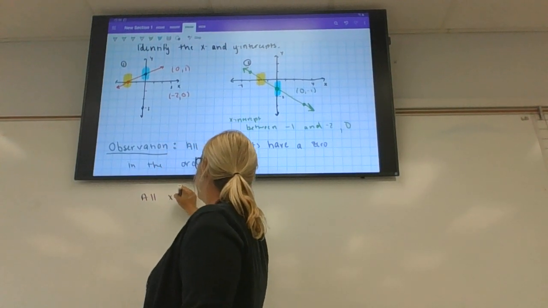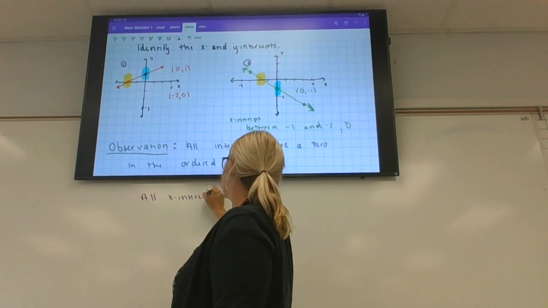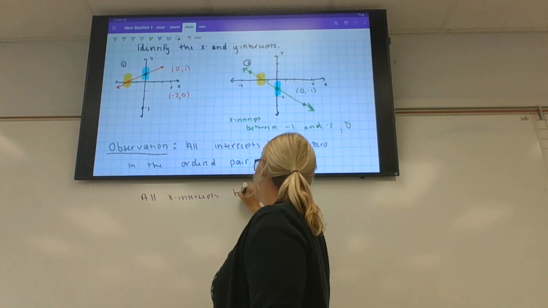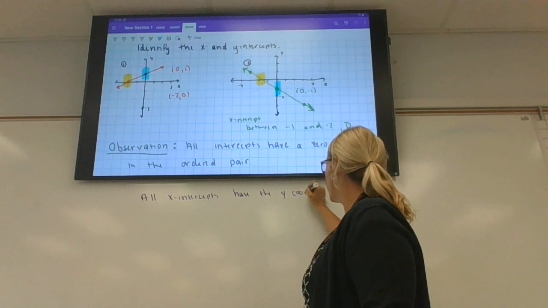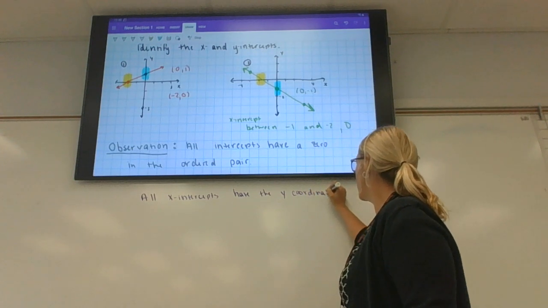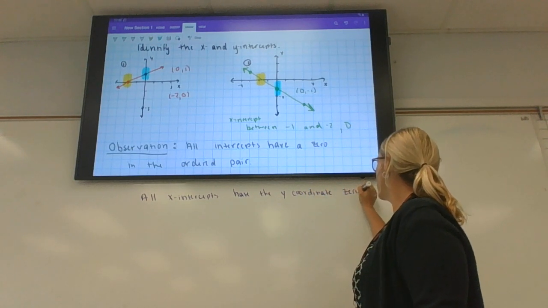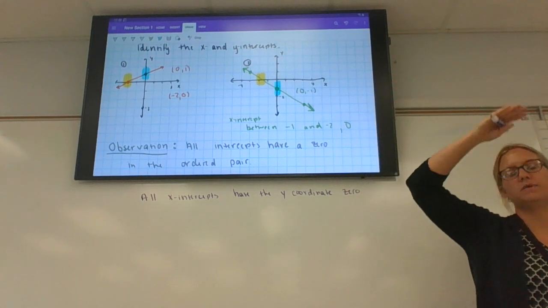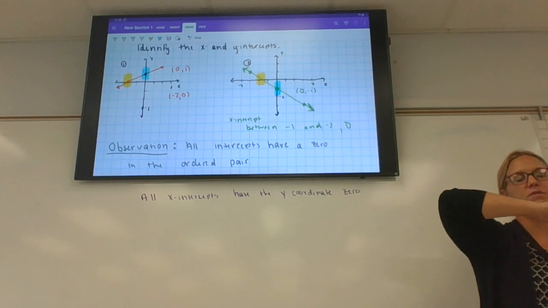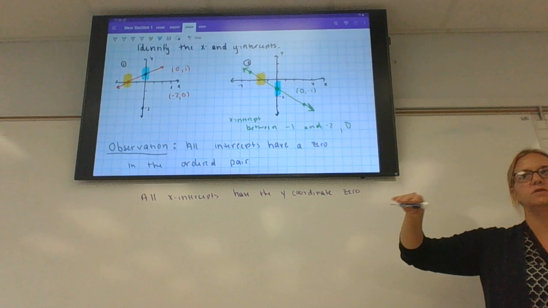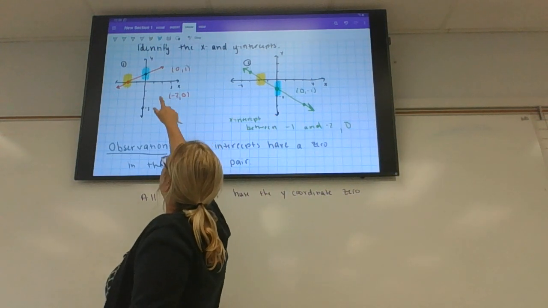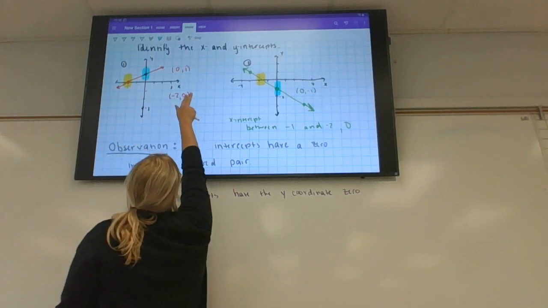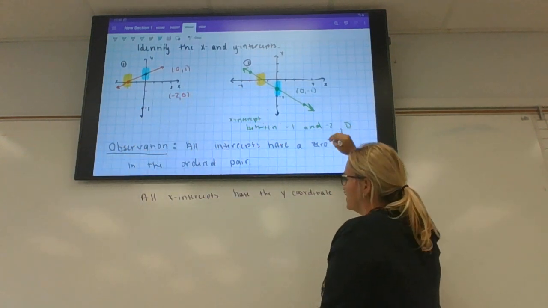All x-intercepts have the y-coordinate 0. Because to be right on the x-axis means that the y is 0, every time. So here our x-intercept, the y is 0, and our x-intercept, the y is 0.